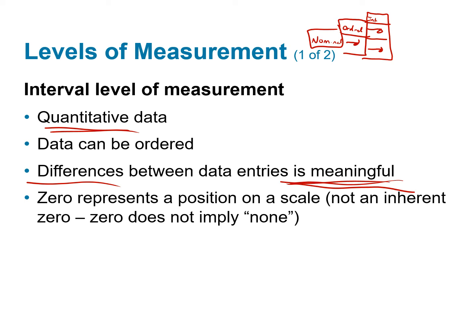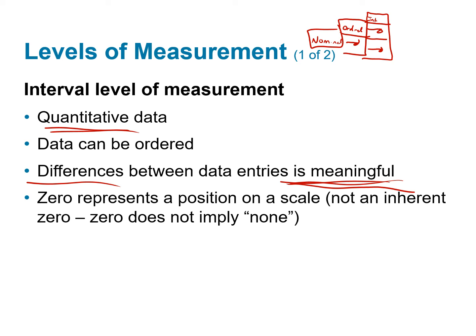When I say the differences between data entries is meaningful, I'm not saying every single data value that you have is only going to be 1 apart, for example, or 2 apart. What I'm saying is the units that you're measuring it in will have those defined differences. So it's what you're measuring it in that you have defined differences.